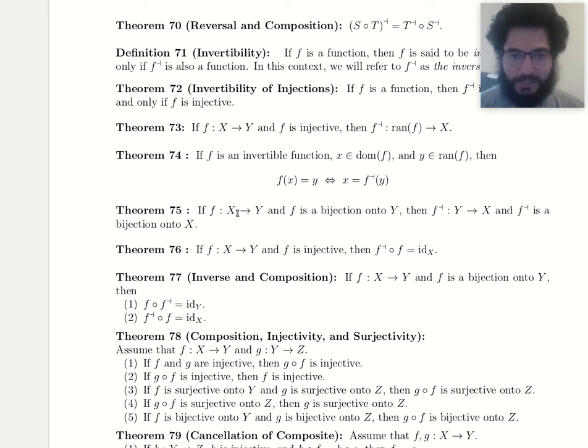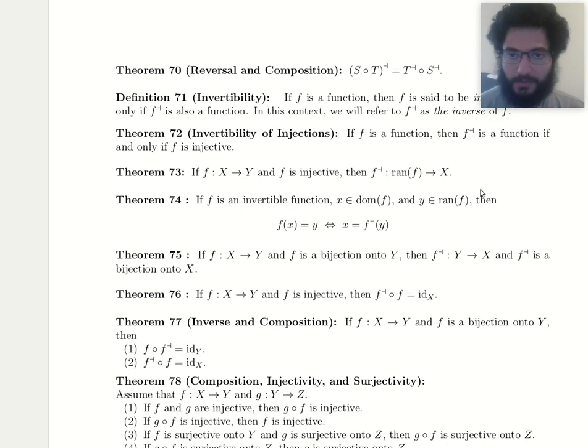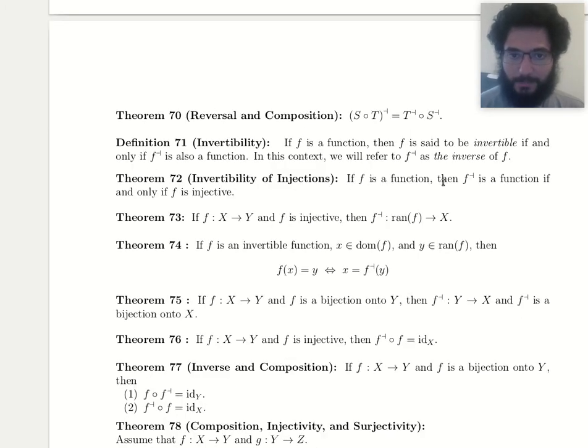If you have a bijection x to y, then the reverse is a function. The reverse being a function happens anytime your function is injective, so bijection is injective, so at least the reverse is a function, but also it maps y to x. So sometimes when you don't have surjectivity, if you just have an injection, then when you take the reverse, you don't quite get y.